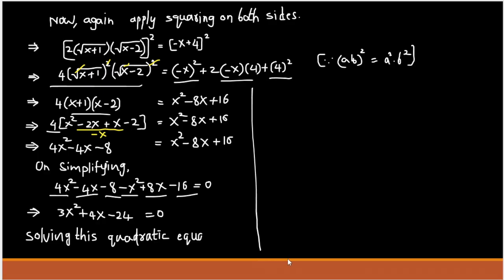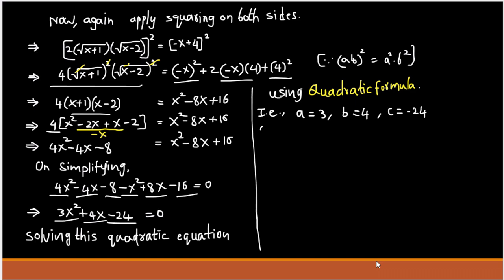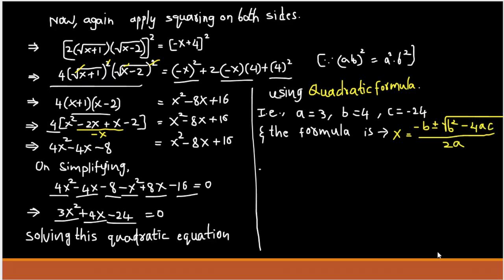So we are using the quadratic formula to solve this equation. Consider a as 3, b as 4, c as minus 24, since a quadratic equation is written as ax square plus bx plus c. And the formula is x equals minus b plus or minus square root of b square minus 4ac, by 2a.